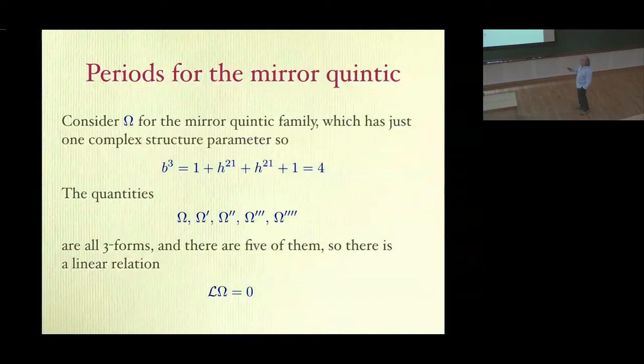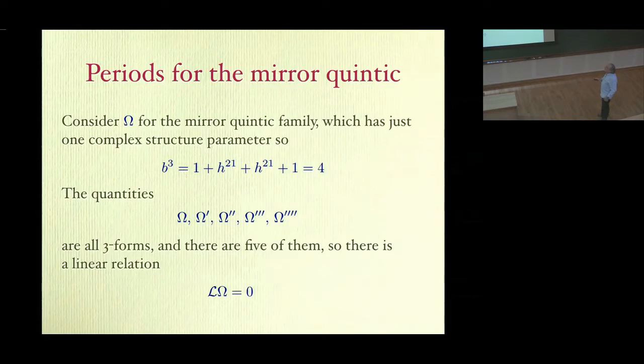So B3, the third Betti number, you can have a 3-0 form. You can have a 2-1 form, its complex conjugate, or the complex conjugate of the 3-0 form. And so B3, the third Betti number, is 4. Now, I have an omega, and the manifold depends on parameters. So implicitly, this omega depends on parameters. This is this line that moves around in the homology space.